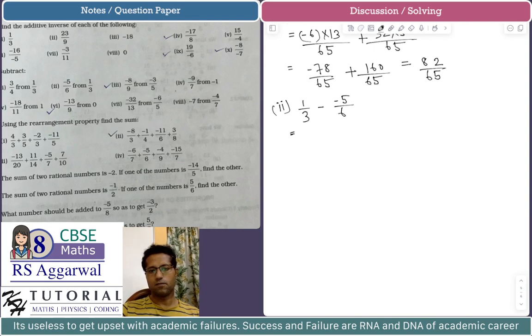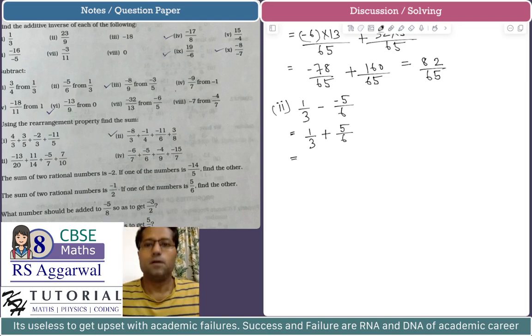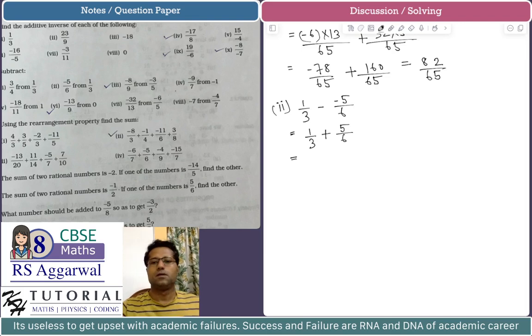So this is 1 by 3 plus 5 by 6. I skipped the step that I did not write, that 5 by 6 is the additive inverse of minus 5 by 6. Okay, so this is now 2 by 6 plus 5 by 6. This is 7 by 6.